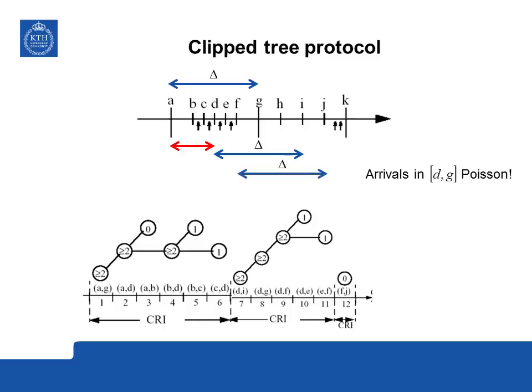And once we have resolved up to time instant F, there is again no information of what goes on to the right of F, and we do a new epoch interval of size delta, and so on. And this procedure can improve the throughput even slightly more, and the throughput here is 0.487.